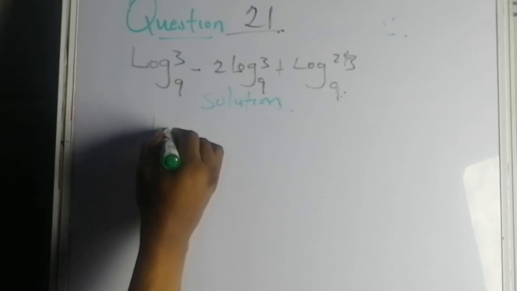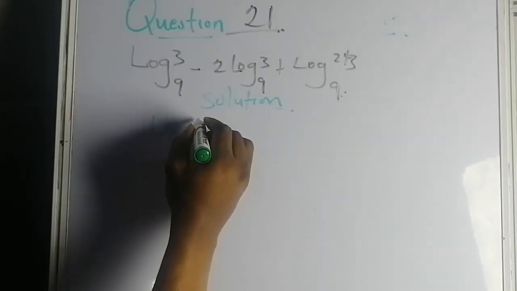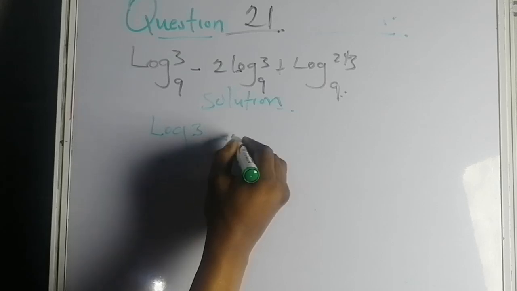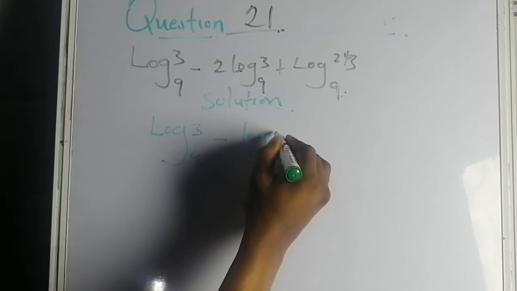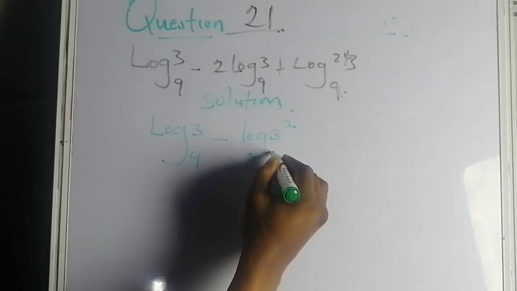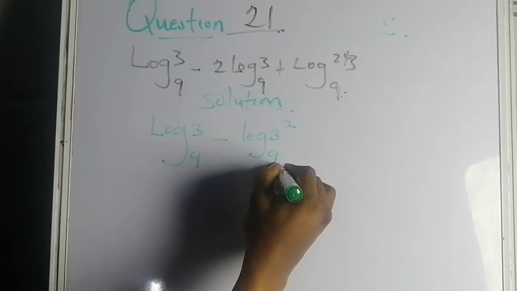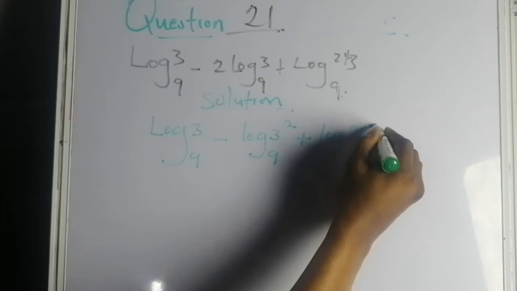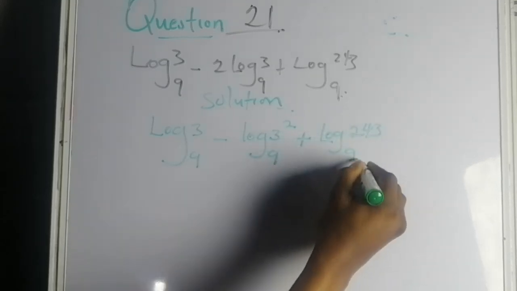This is something like log 3 base 9 minus log 3 raised to power 2 base 9, plus log 243 base 9.